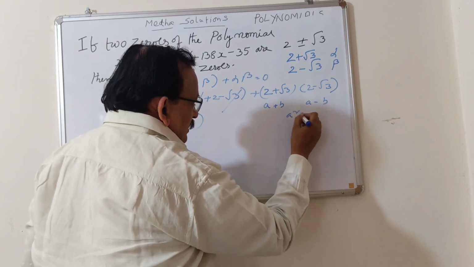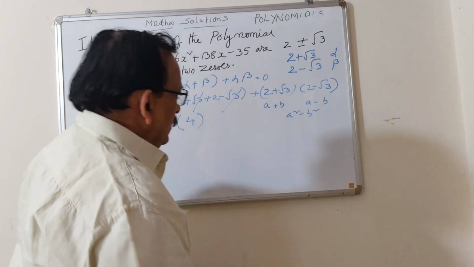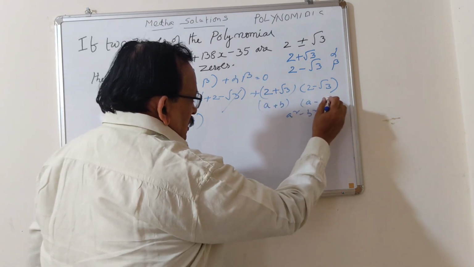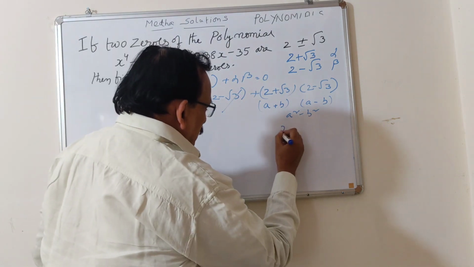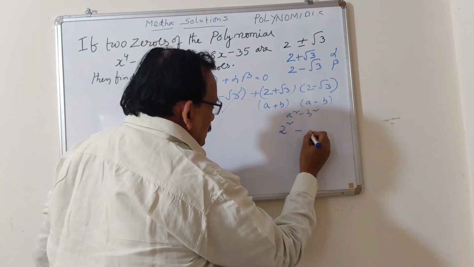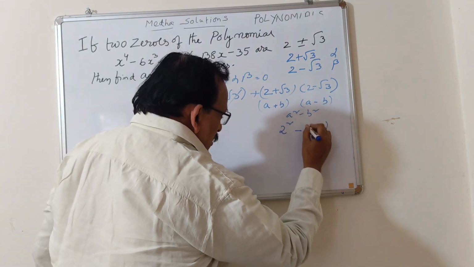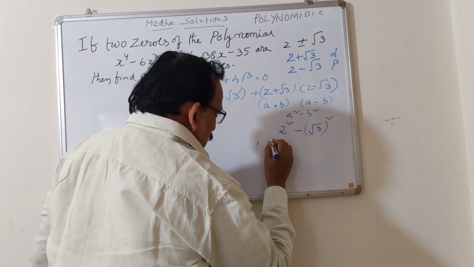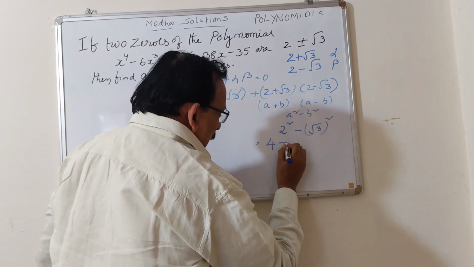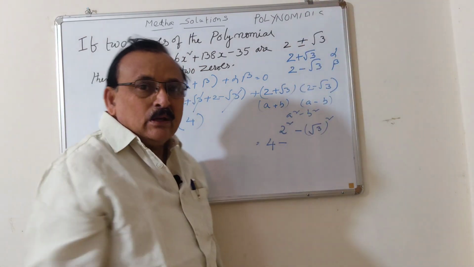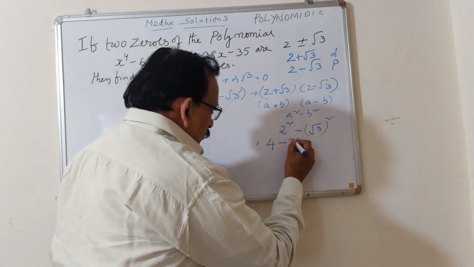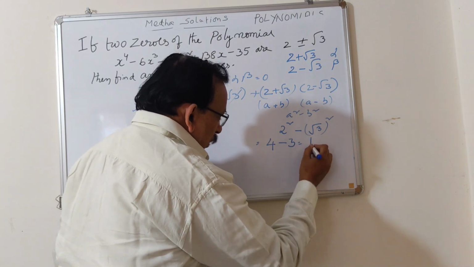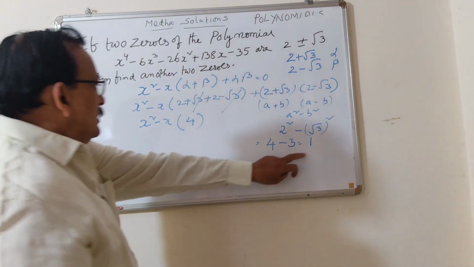The value is a² minus b², that is 2² minus root 3 whole squared, which is 4 minus root 3 into root 3, that is 3. So 4 minus 3 is equal to 1. This is the answer.